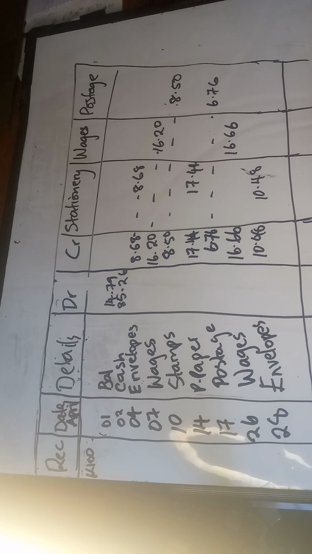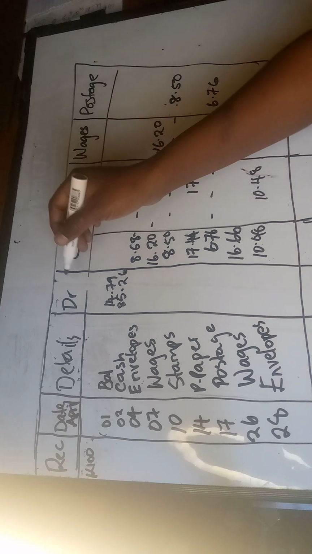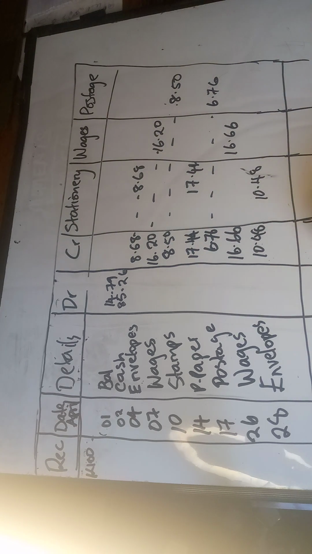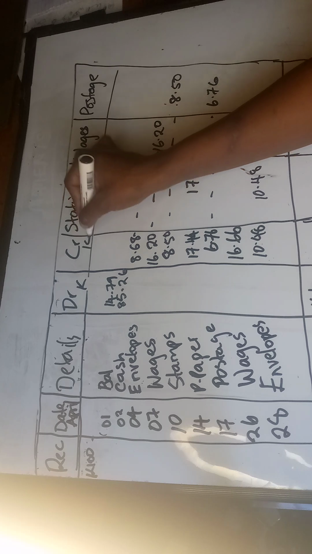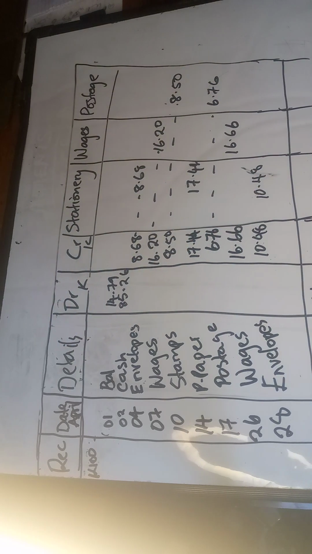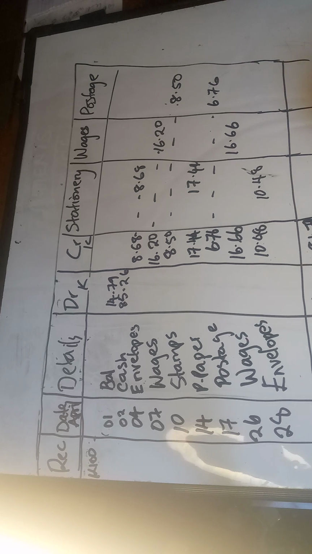Okay, so the total for the debit column, when you get your calculator, it's giving us 100 kwacha. So make sure you put kwacha here and kwacha there, and also in the receipt. So 100 kwacha in the debit column, and then in the credit column we have 84 kwacha 72 ngwe, 84.72. Okay, and then for the stationery we have 36.6.